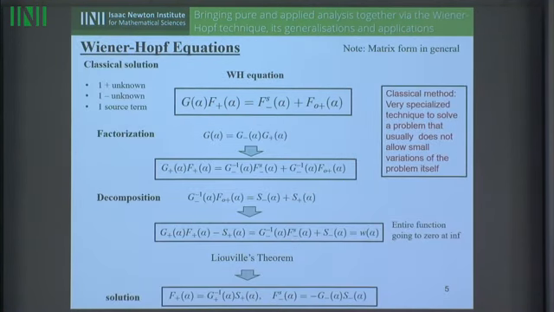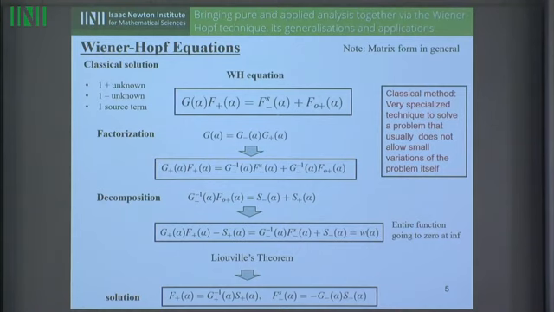Okay, here is a synthetic view of this classical method to get a solution. The equation can be, in general, in matrix form, and first we have to highlight the kind of unknowns.